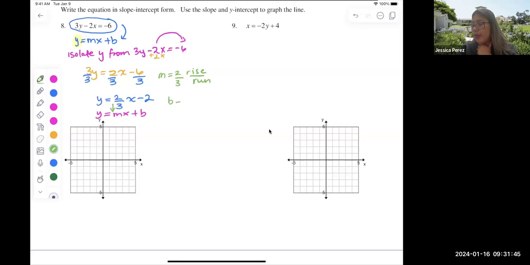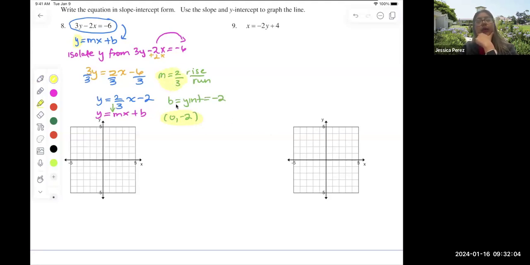And b, my y-intercept, is negative 2, so the point is 0, negative 2. From this I know the y-intercept and the slope, so I can graph the line.